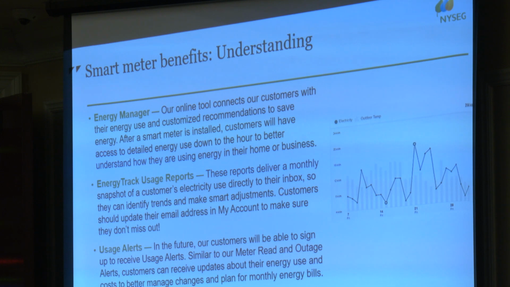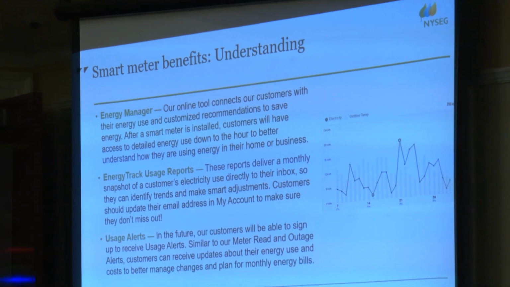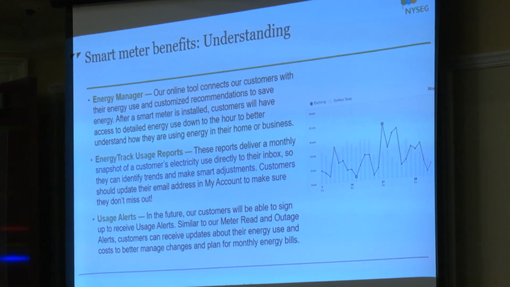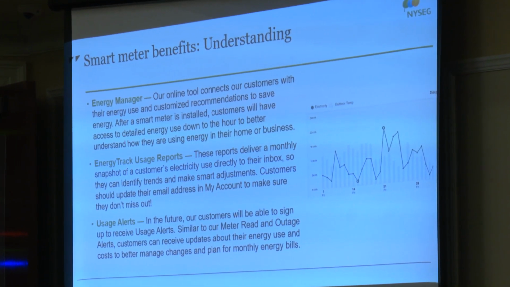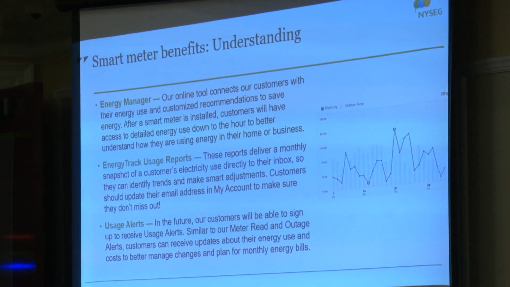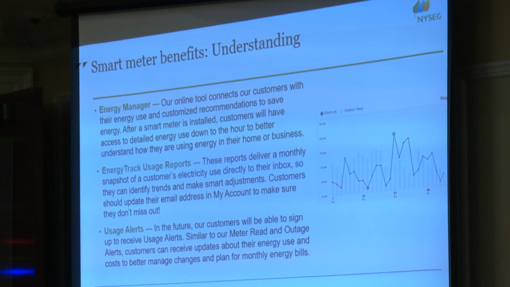Another benefit is we're going to have an energy manager tool that will be on our NYSEG app and website. Under your account, you're able to go in and see your usage. I know that chart's not the easiest to look at, but the bars are essentially the daily temperature, and the lines are the kilowatt usage.